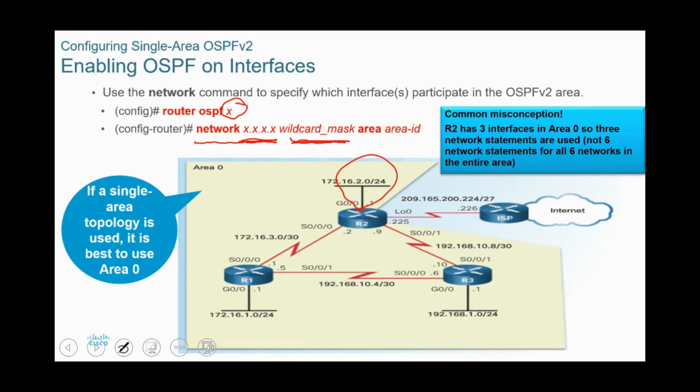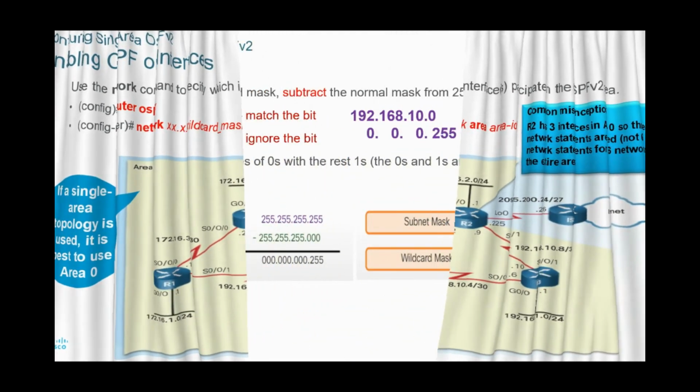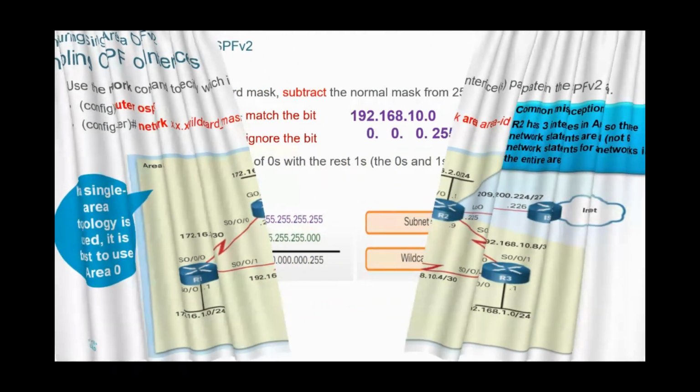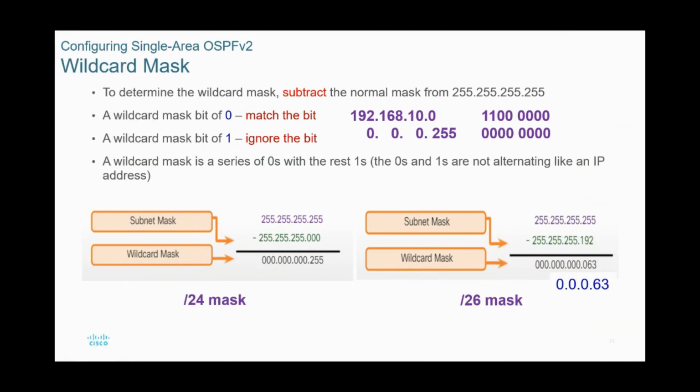In this case, the mask is /24, so the wildcard mask is the inverse of your subnet mask, which is 0.0.0.255, followed by your area ID. If you are working with a single area, it is configured as area 0. So for this topic, our focus will be on area 0 because we focus on the single area.